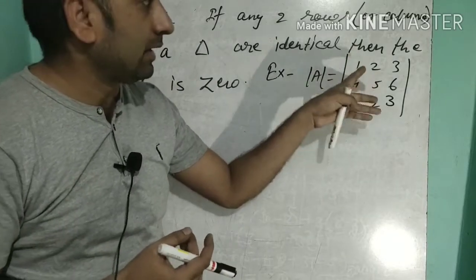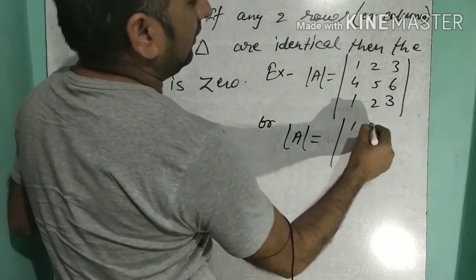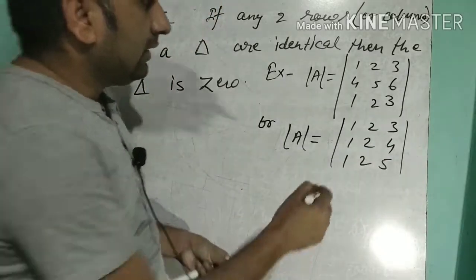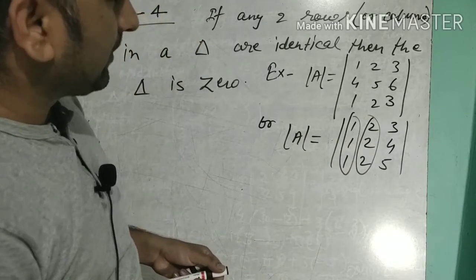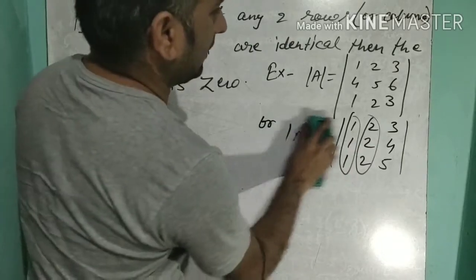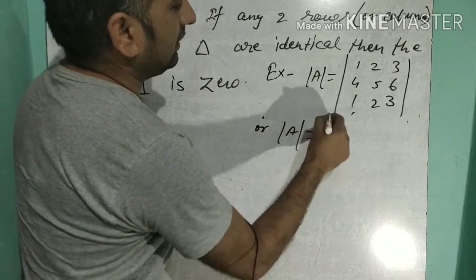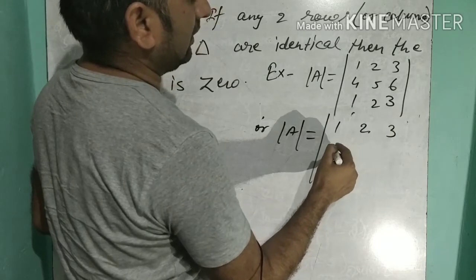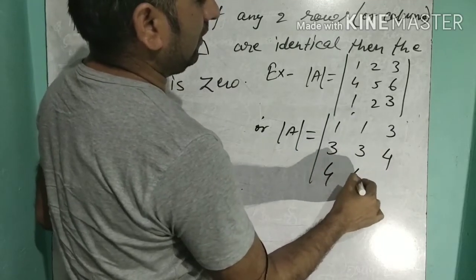or if I write determinant of A equal to, suppose, 1 2 3, 3 3 4, 1 4 4 and 5.